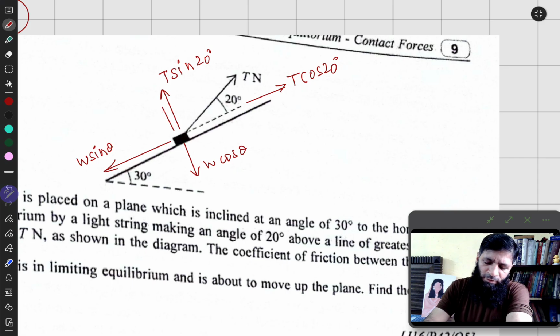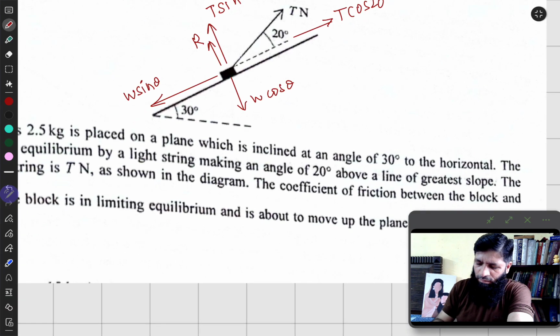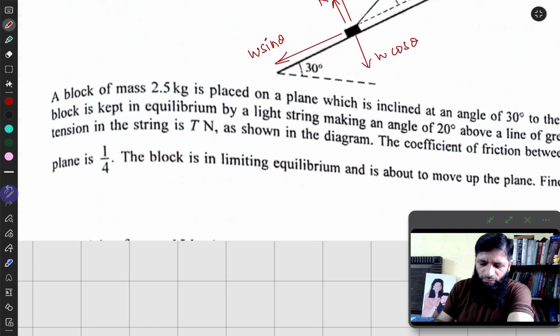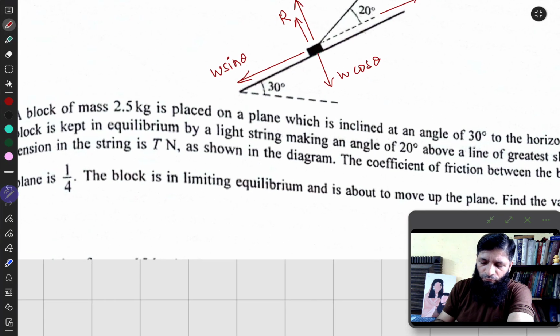And this will be the normal reaction force, and the coefficient of friction is 1/4.